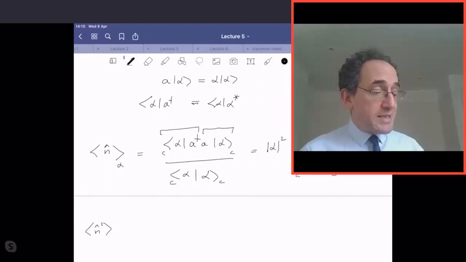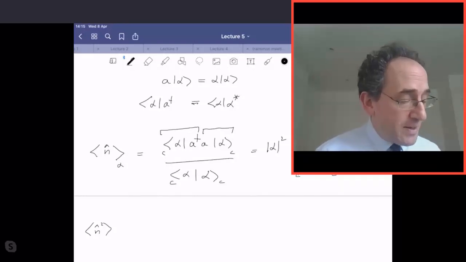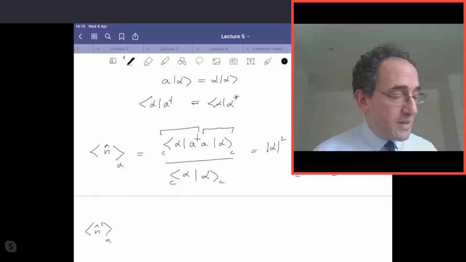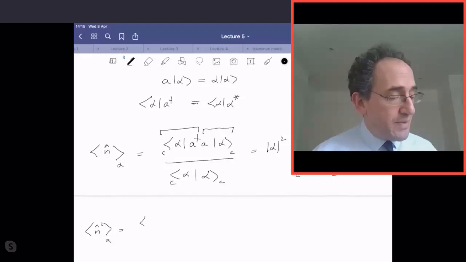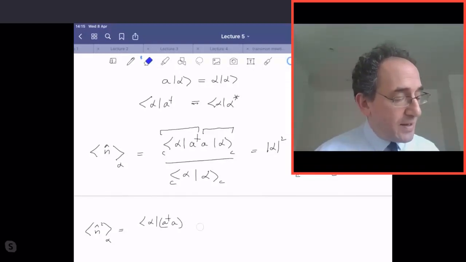So let's now try to calculate n squared as an operator in the coherent state alpha. So we have alpha, A dagger A squared, alpha. Let me actually write it as A dagger A, alpha, divided by alpha.